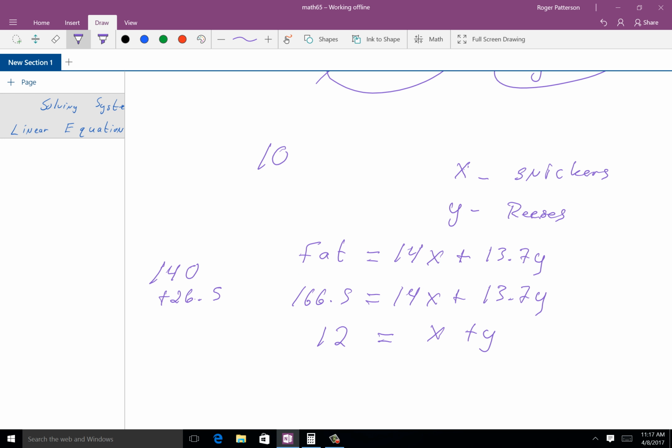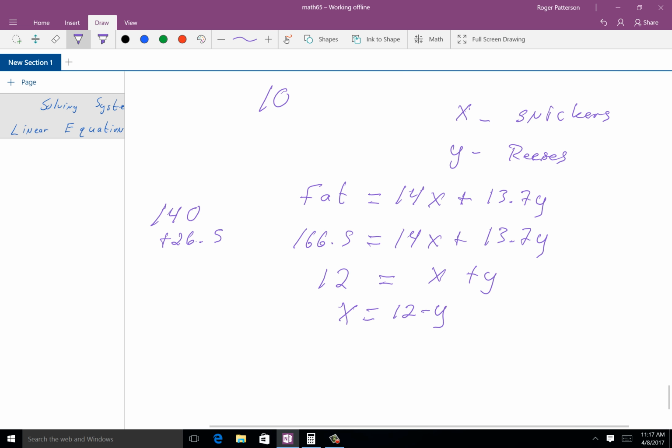Okay, so if we're going to use substitution, which variable are we going to solve for? X. Okay, so I get x equals 12 minus y. Right? Are we good there? Okay, so now what are we going to do with that 12 minus y?